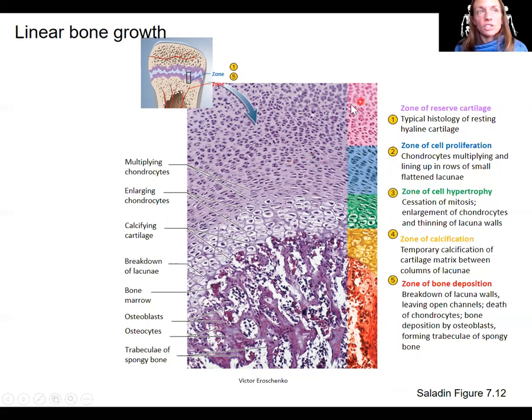So there's reserve cartilage, dividing cartilage going through mitosis. Then we've got them start to die and become calcified and ultimately break down and become taken over by osteoblasts. Okay, so that's linear bone growth.